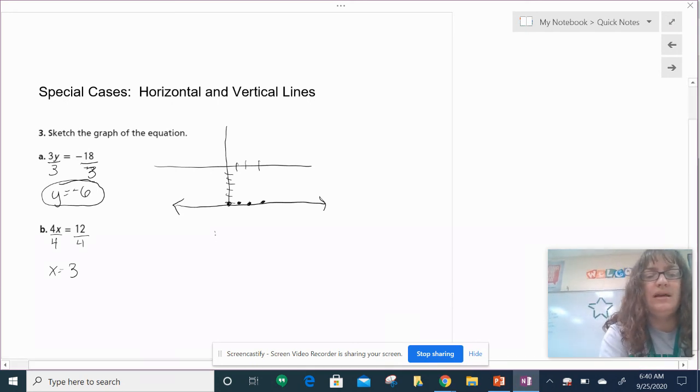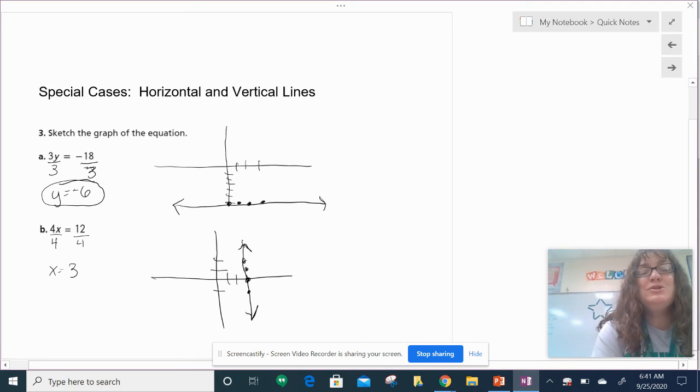Okay, let's look at the second possibility. X equals 3. If I come over here to the 3 on x, that's where x equals 3. But doesn't x also equal 3 here at 3, 1, and at 3, 2, and at 3, negative 1? This one makes a vertical line.